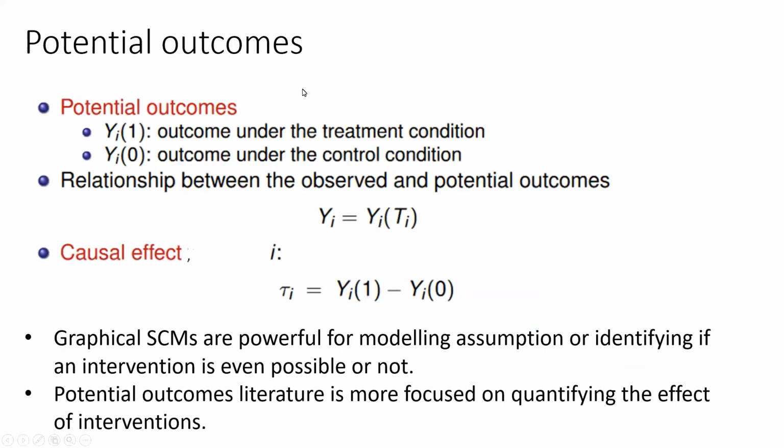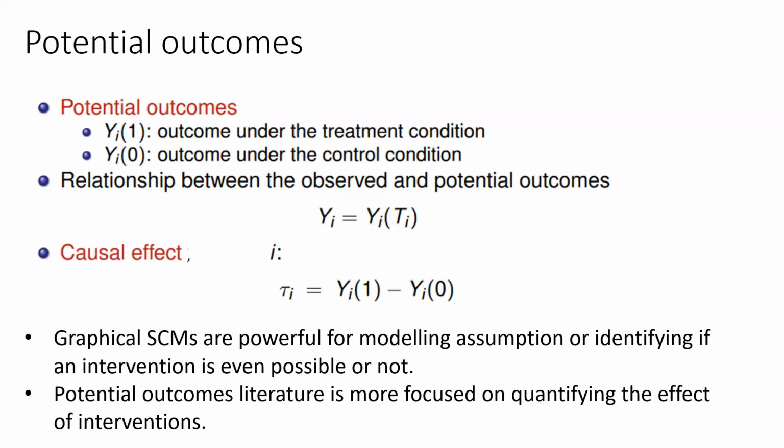In the potential outcomes framework, a response variable Y is used to measure the effect of some cause or treatment for a patient i. And the value of Y may be affected by the treatment assigned to i. To enable the treatment effect to be modeled, we represent the response with two variables. One is the outcome under the treatment condition, which we call treated, and the other one is the outcome under the control condition, which we also denote as untreated.